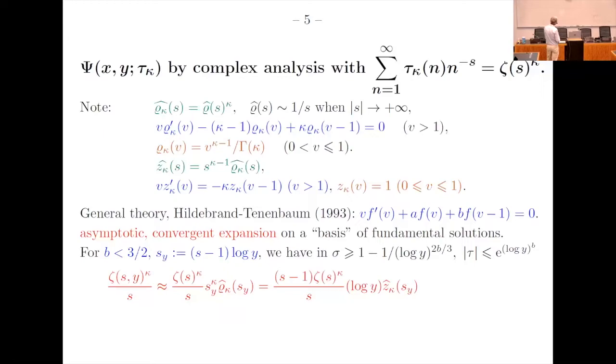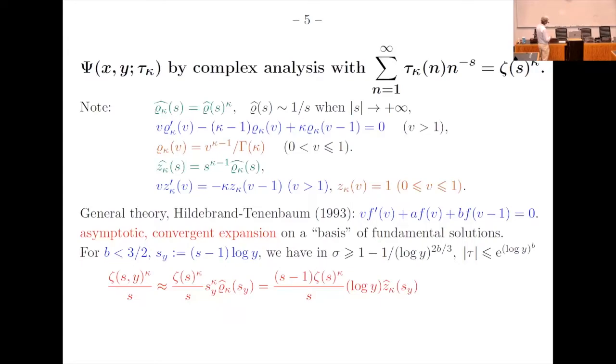So z index kappa is also a solution of a differential difference equation. The Laplace transform of this function is s power kappa minus 1 times the Laplace transform of rho index kappa.